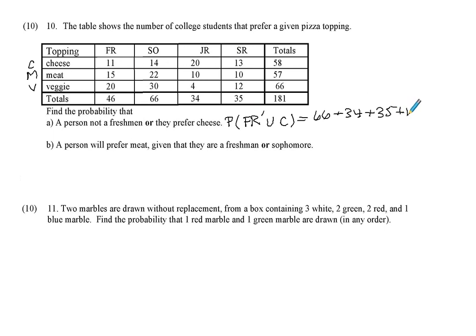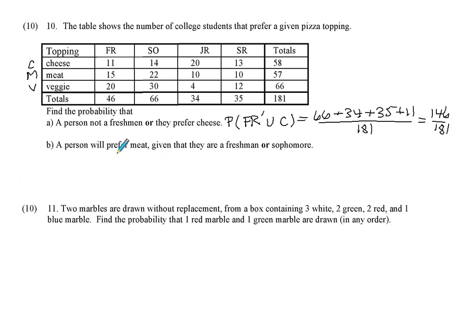So plus 11. And then total outcomes is 181 that we surveyed. So desired out of total, and that gives us 146 out of 181. And it's okay to just leave that as a fraction.